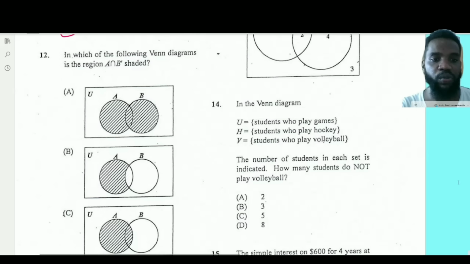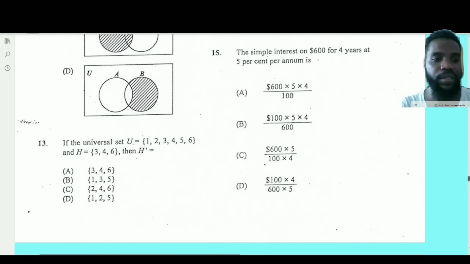So let's see, in which case do I have A only? It can't be A. A is A union B because you have joined both sets A and B. All right, we don't need to go any further, it's B. Can't be C because the intersection here is also a part of B as much as it's a part of A. But the question says we want A and not B, which means we want A only, which makes this the most logical answer. Okay, let's see where we go next.